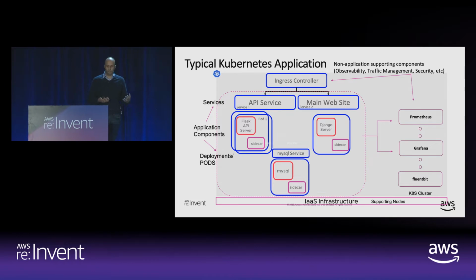In this example, we have a simple LAMP-based application that's got an API server, a website, and a MySQL component. And those pods get deployed, and each one of those pods has one or two different containers that are running on it, right? Generally one, and then you can add different components inside of it.